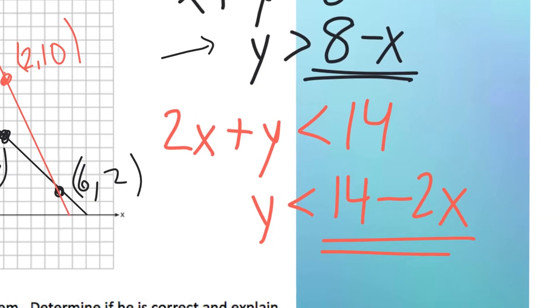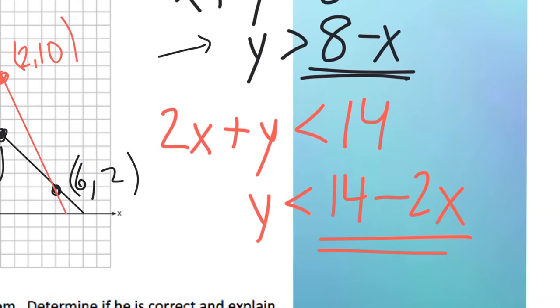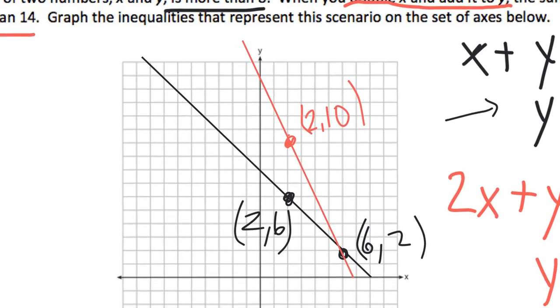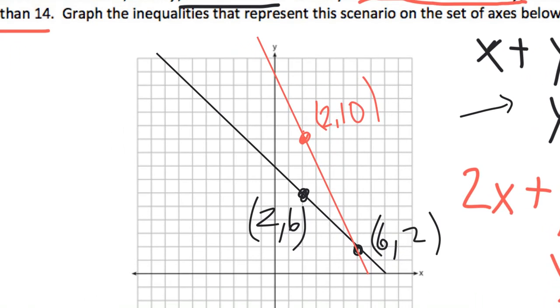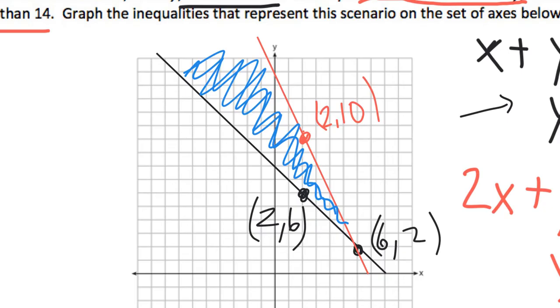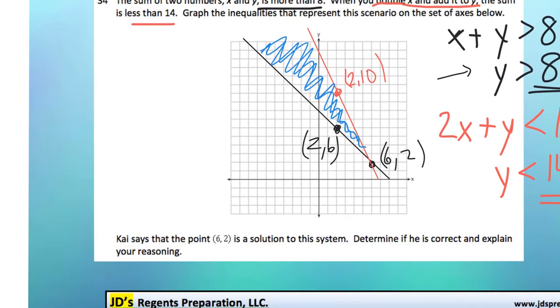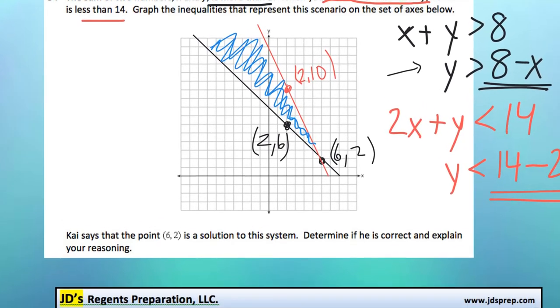And at the same time, with the other one, we're looking for y values that are less than the red line. In other words, what we're looking for is the space between these two. Any points in between these lines fit both of these inequalities. It satisfies both inequalities.